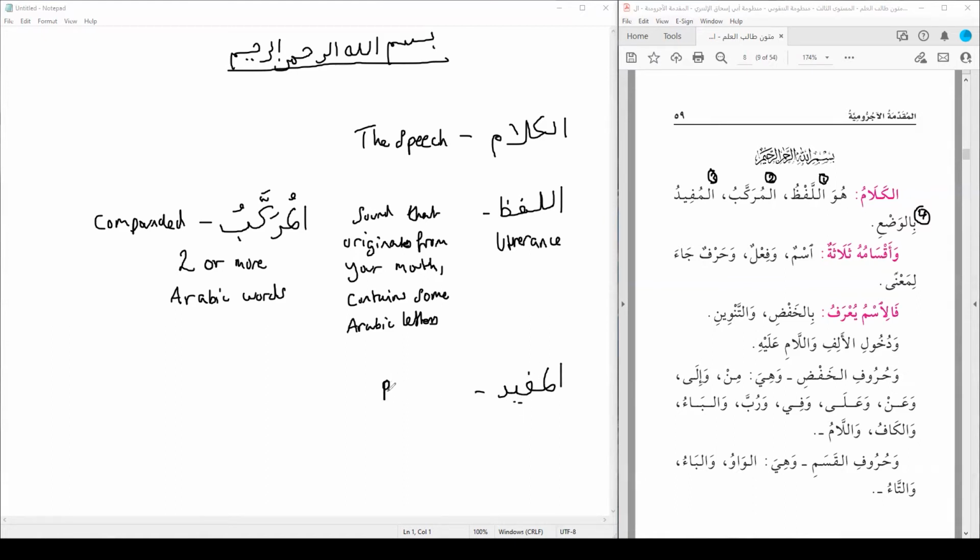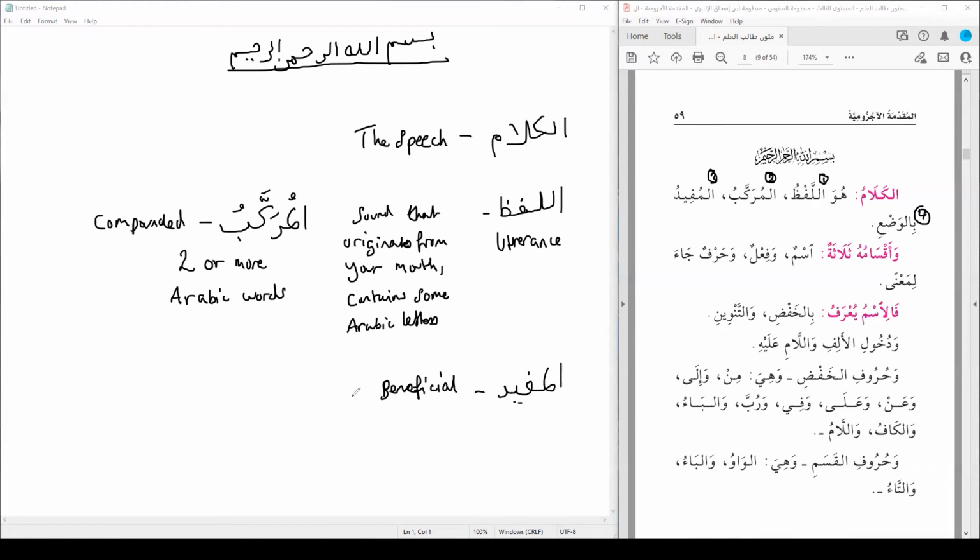Al-Mufid means beneficial. And what the author means by beneficial is that the sentence or the statement that I've made is a complete statement and there is no extra information that I need to give.